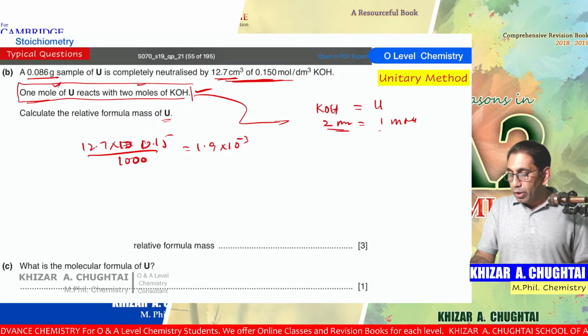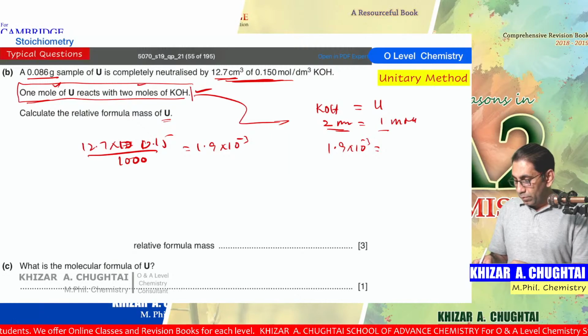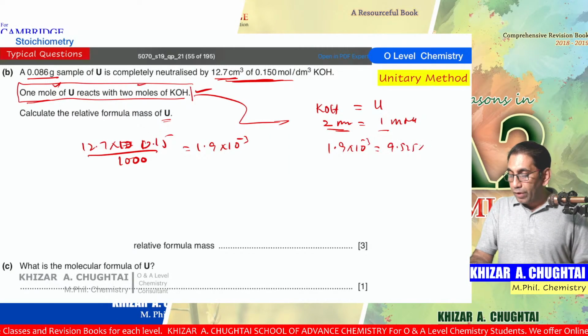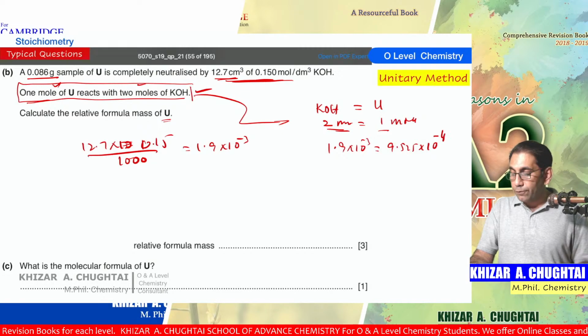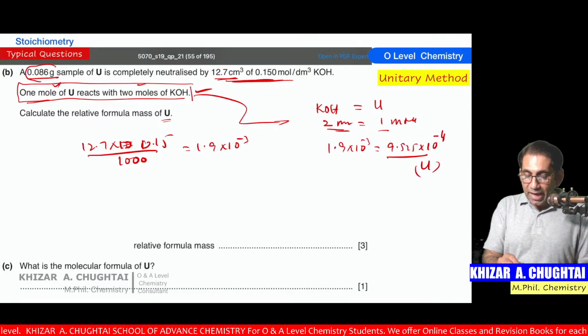So 2 moles of KOH corresponds to 1 mole of U. If I am using 1.9 × 10^-3, then the moles of U will be 9.525 × 10^-4. So here is the mole of U, and you have the mass of U.